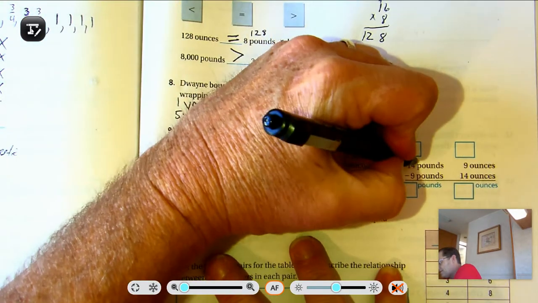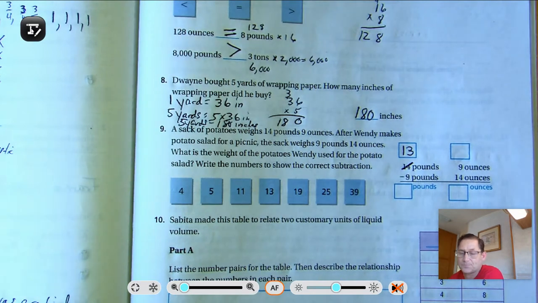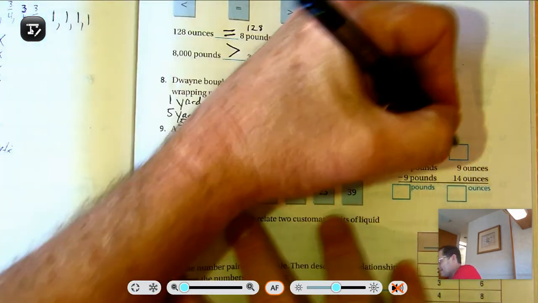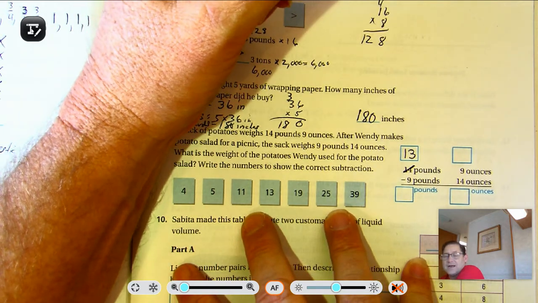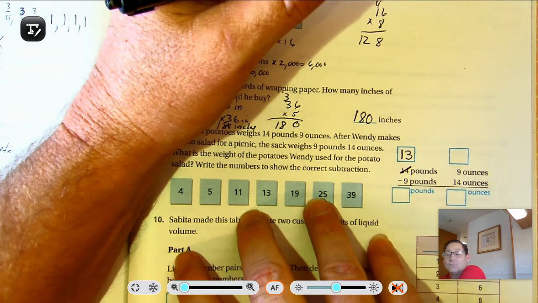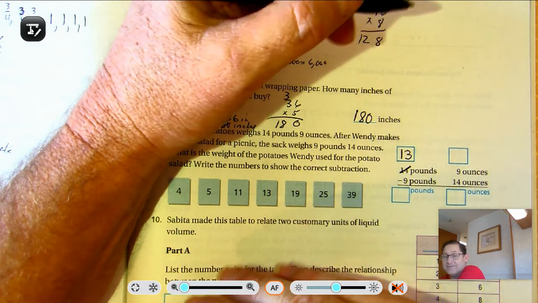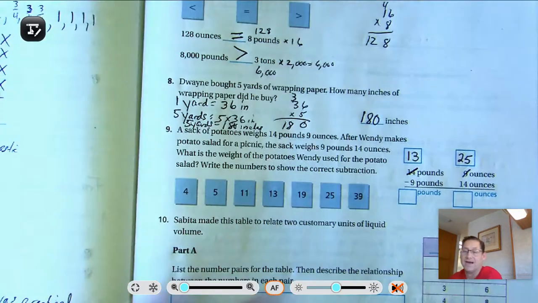So I need to change the 14 to 13 pounds. And I need to give 16 ounces. I need to trade 1 pound for 16 ounces and give that to the 9 ounces. 16 plus 9 is 25.